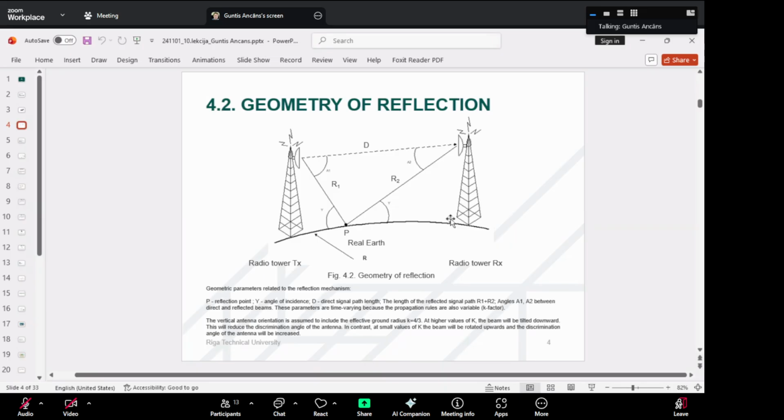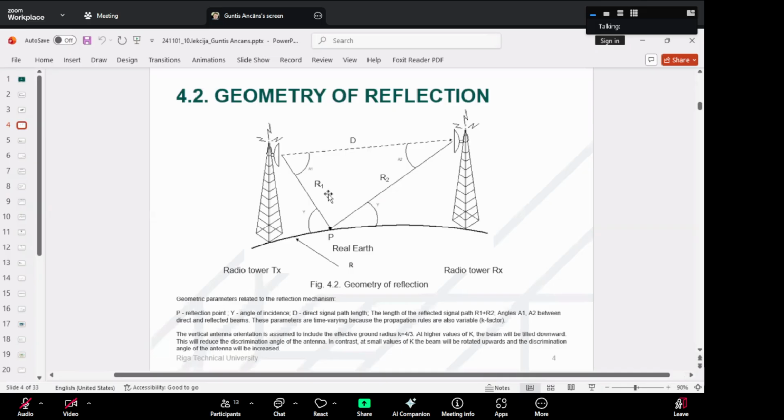In this slide we see station A, station B, so the transmitting side and the receiving side, and the direct signal and the signal which propagates, reflects from Earth's surface and then arrives at the receiving antenna.